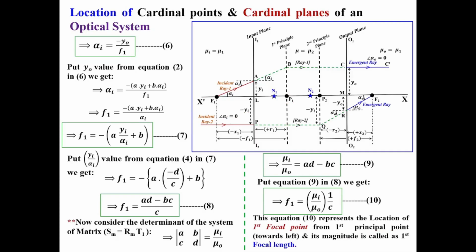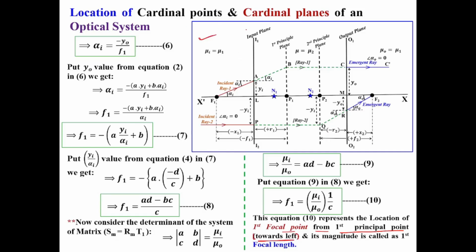Here I wrote first focal point from first principal point towards left in brackets. Why did I write it in brackets? See, for this particular figure, in general we are evaluating cardinal points and cardinal planes.